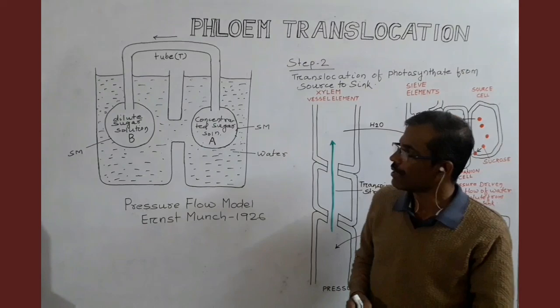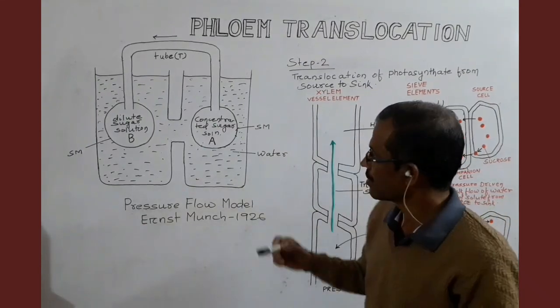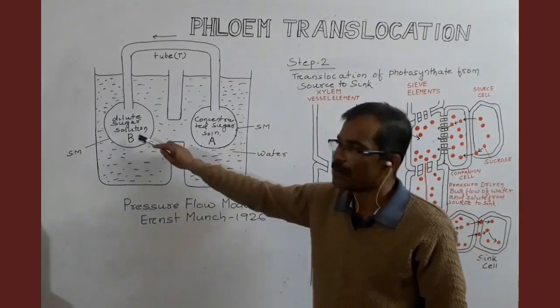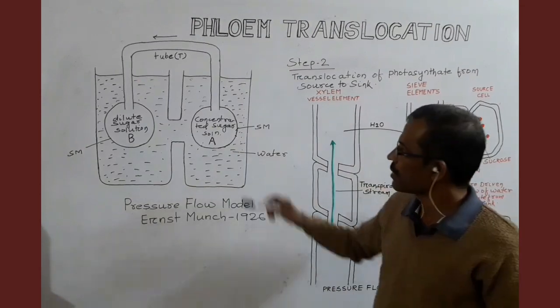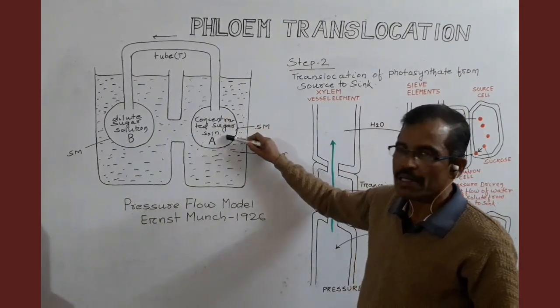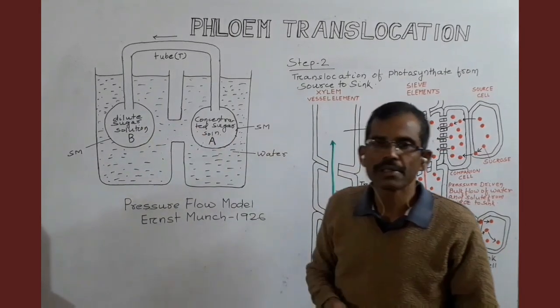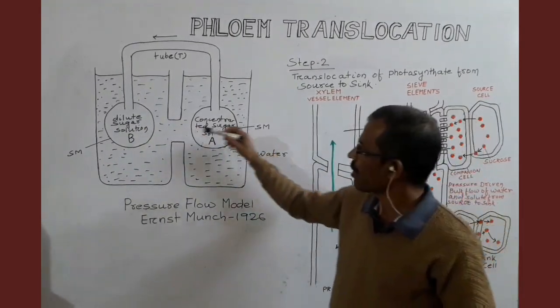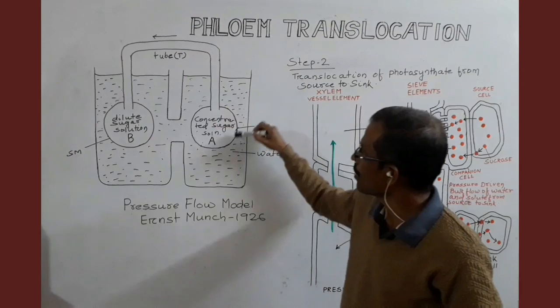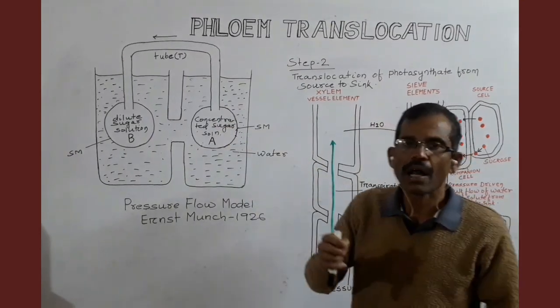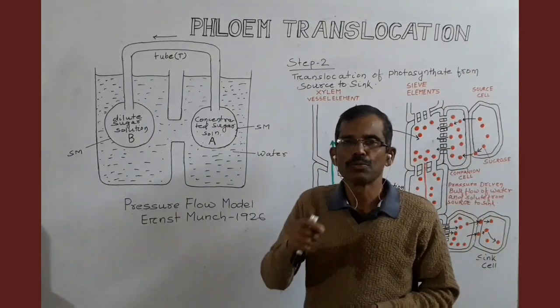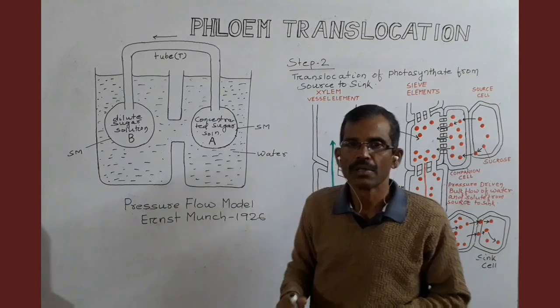In this model, there are two osmometers, osmometer A and B. Osmometer A has a concentrated sugar solution and B has a dilute sugar solution. Both are covered by a semi-permeable membrane, which allows only water molecules to move in and out.